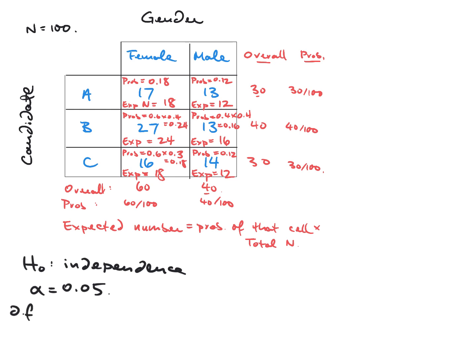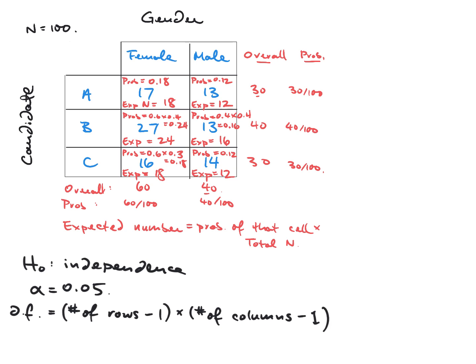Now, I need to address degrees of freedom. Degrees of freedom when testing a hypothesis about independence are the number of rows minus 1 times number of columns minus 1.